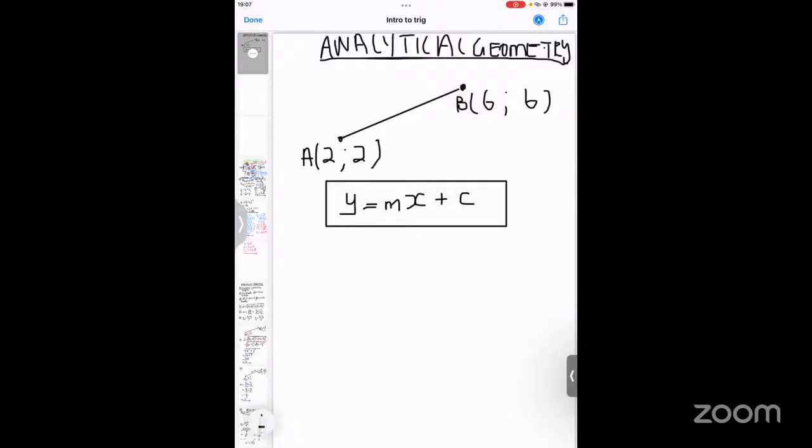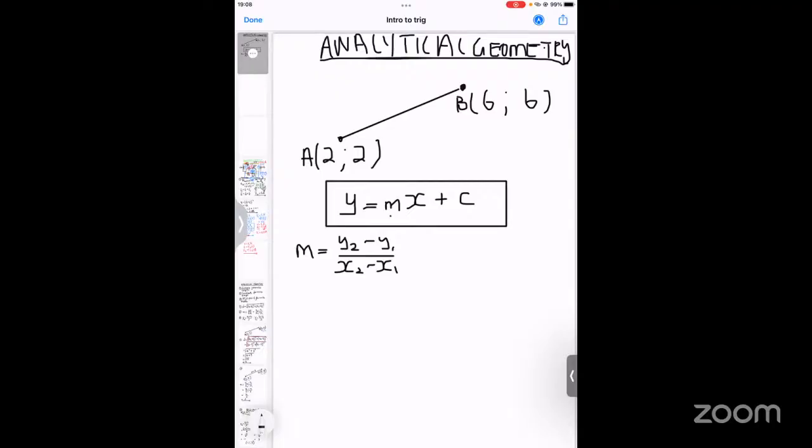You already know what m is. m is your gradient, that is y2 minus y1 divided by x2 minus x1. That's how you find the value of m for that line, because you'll be using the coordinates of the points on that line. And when it comes to c, it's a constant.